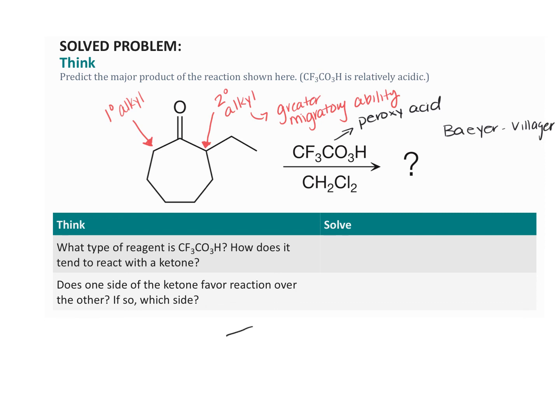And so our major product would be that guy right there. So that's how we can use the migratory ability to predict the major product.